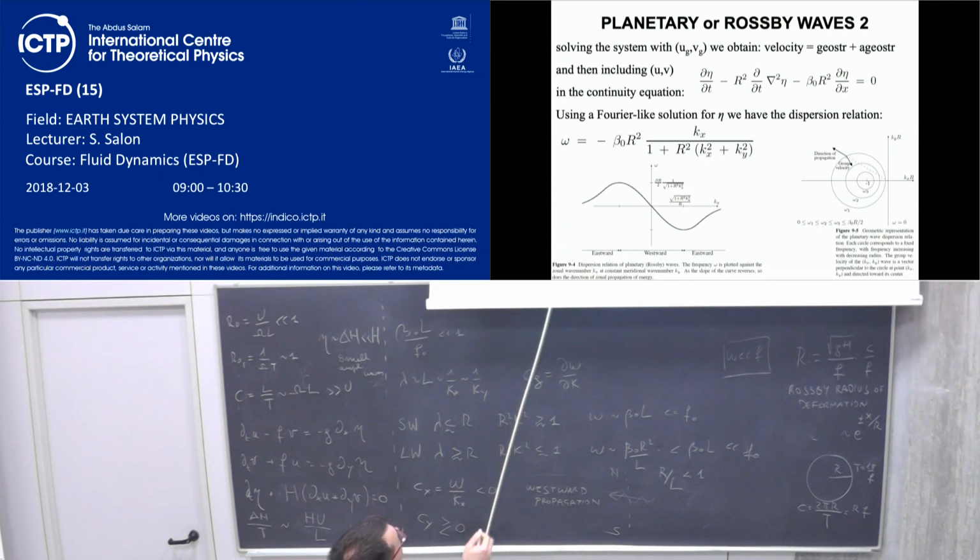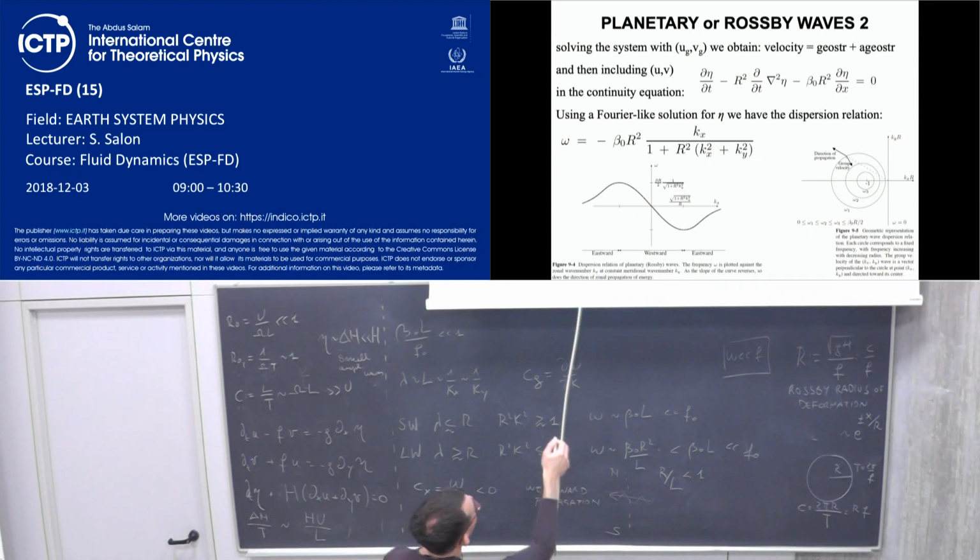And then we will have an increase in this direction up to a certain value of kx, then a decrease, and then again an increase. The group velocity is actually the velocity of the energy, the velocity of the information. Here we have a positive derivative, so the group velocity is positive, so it's eastward. Here we have a negative derivative, so westward propagation of energy, and here again eastward.